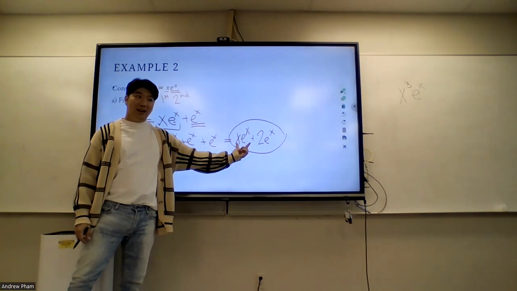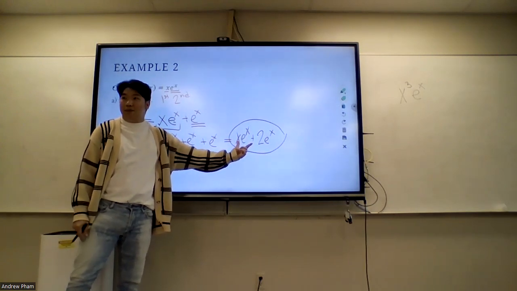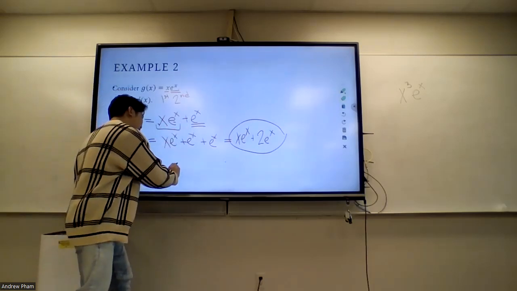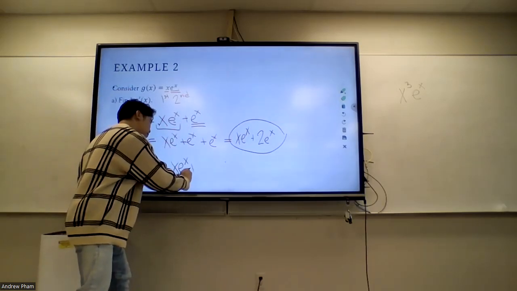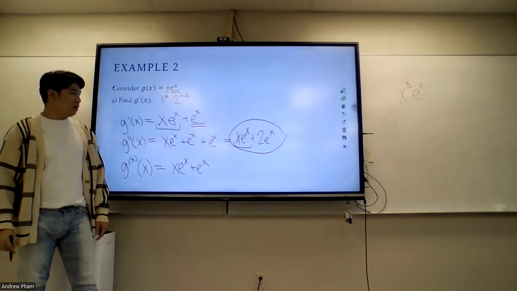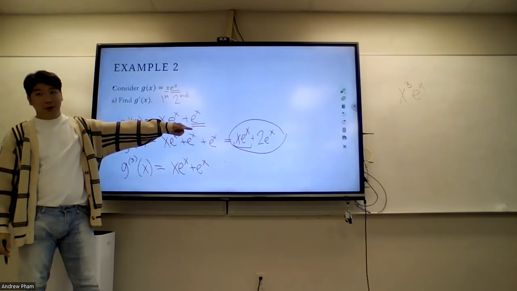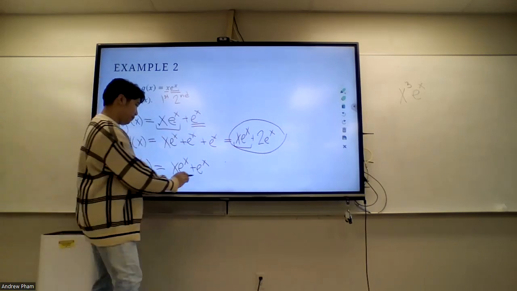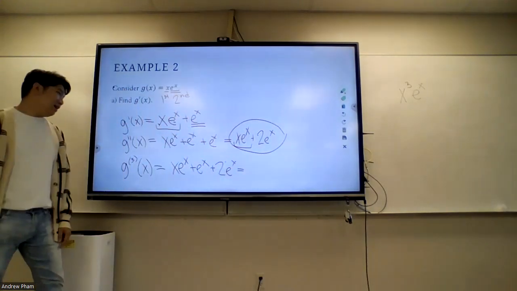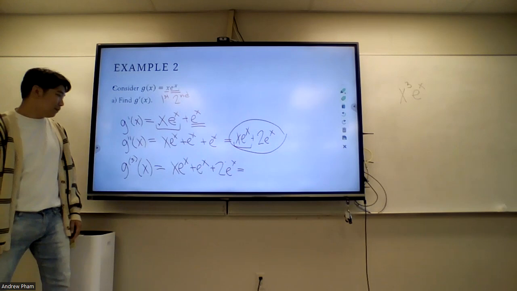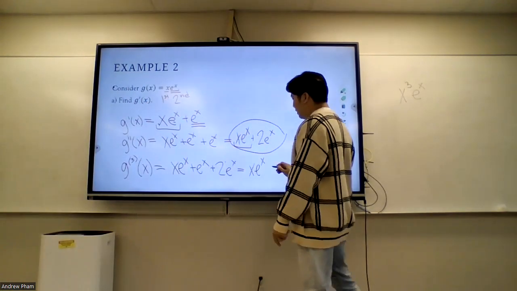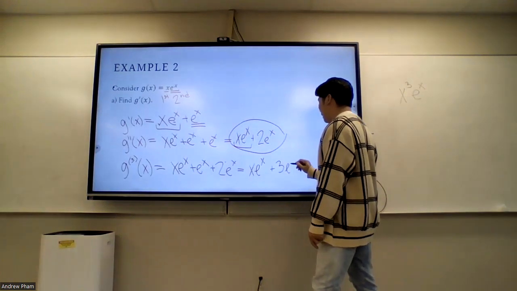Derivative of x e to the x, again, we know what that is. That was up here. So I have, again, x e to the x plus e to the x. That came from this. What's the derivative of 2 e to the x? 2 e to the x. And how could I clean this up just a touch more? I get x e to the x plus 3 e to the x.